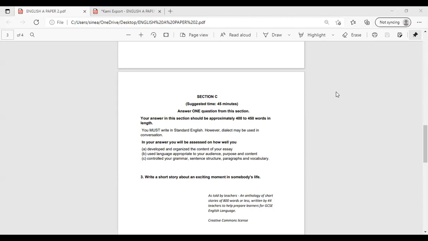are clear. It says you must write in standard English, however, dialect may be used in conversation. And the thing about it, this is a Caribbean exam, and we have dialect, sorry, in our Caribbean countries, our islands, and it's important to embrace these things.